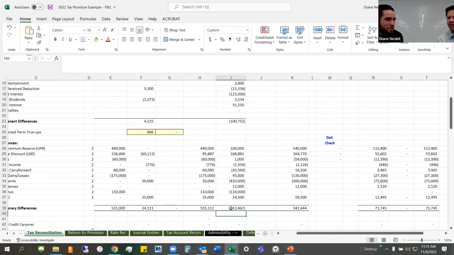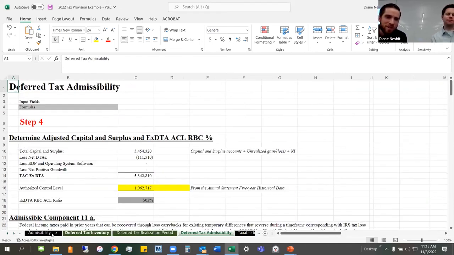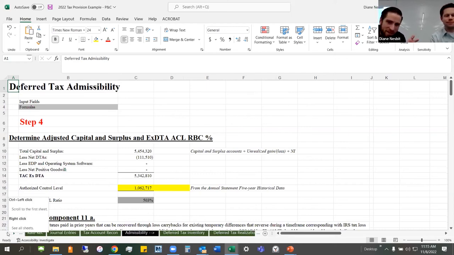But due to time constraints, and understanding that there are probably a lot of people on the call that deal more with GAAP provisions, there are these tabs that determine how much of your deferred tax assets you can admit.